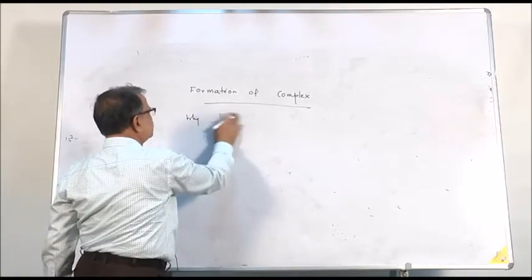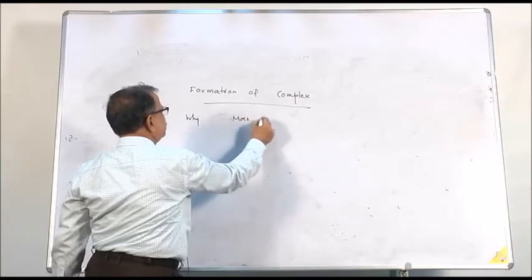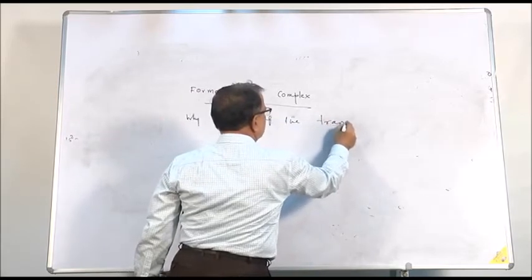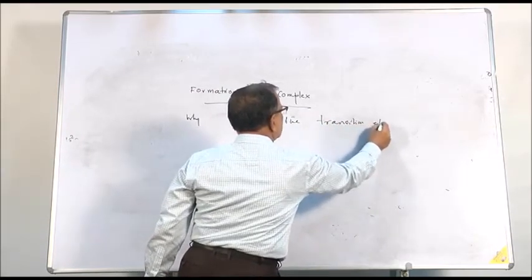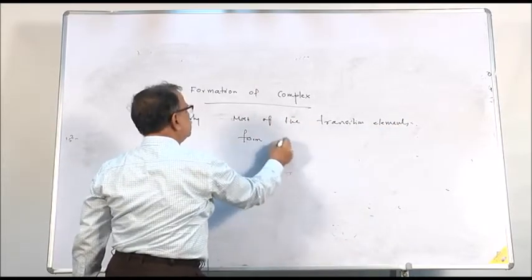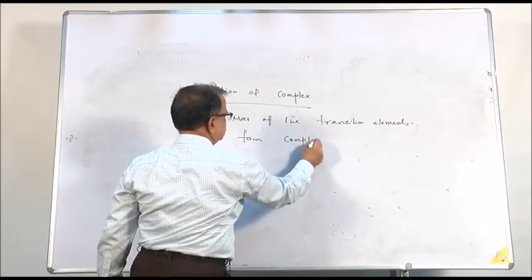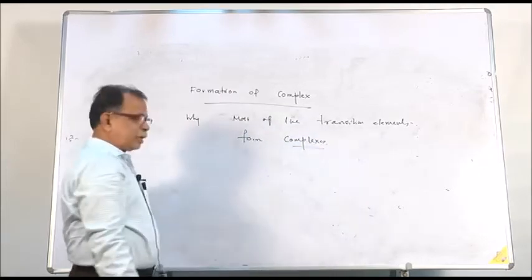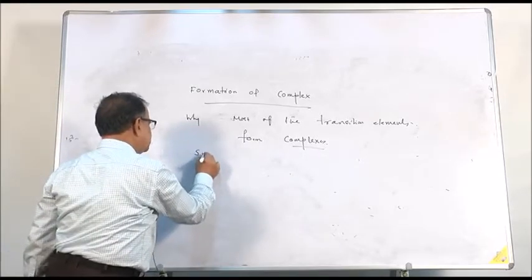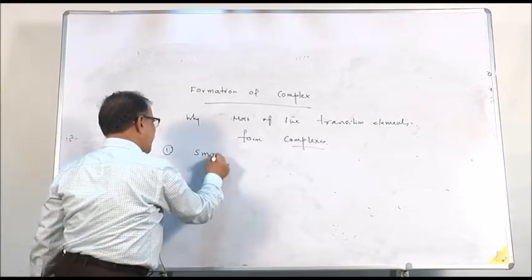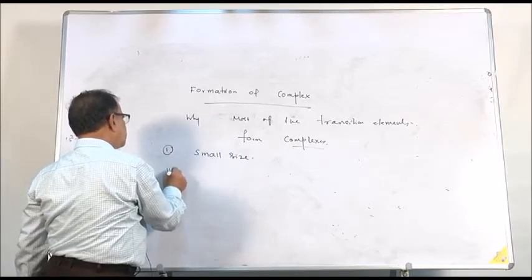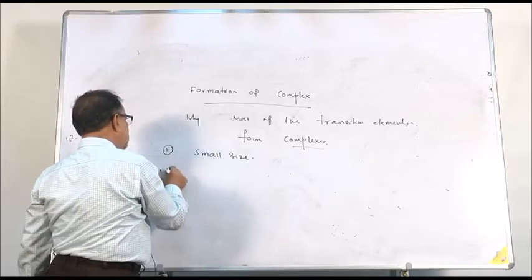Most of the transition elements form complexes. There are factors for complex formation. Number 1: small size of the cation. Number 2: high charge.